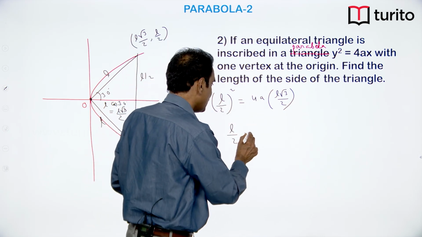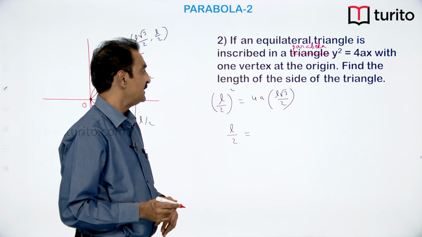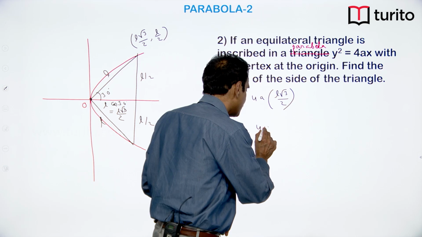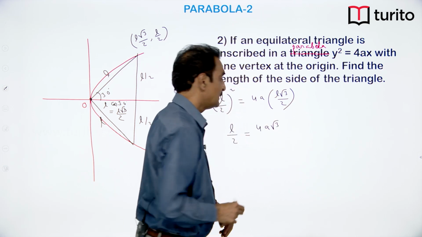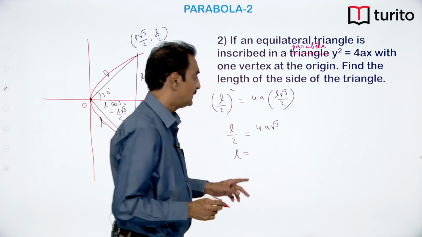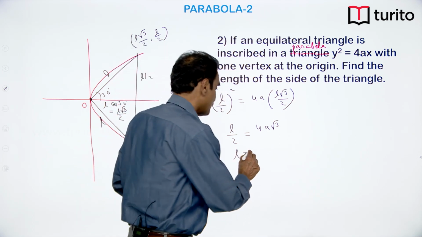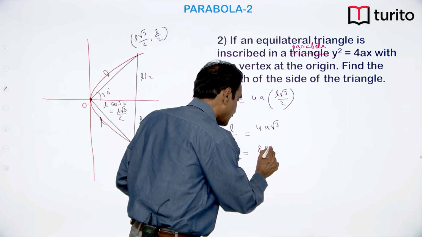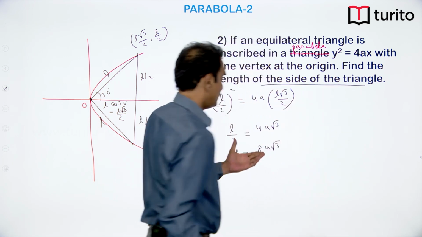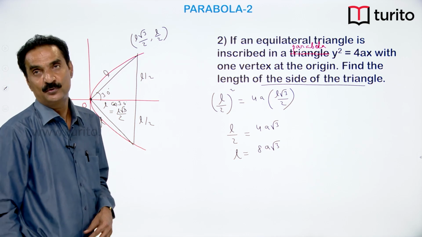So, you will get L by 2 is equal to 4a root 3. Then what is L? 8a root 3. We want the length of the side of the triangle now. Answer is 8a root 3.